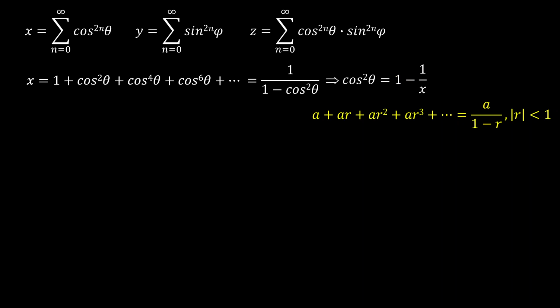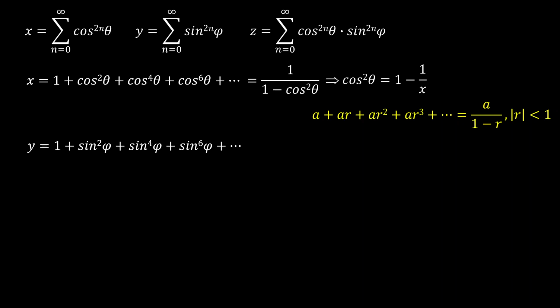Now similarly, we will expand y, and y is 1 plus sine square phi plus sine to the power 4 phi plus sine to the power 6 phi, and so on. Here y is also the sum of infinite terms in GP, where the first term is 1 and the common ratio is sine square phi.